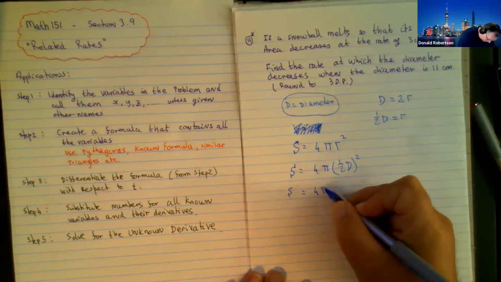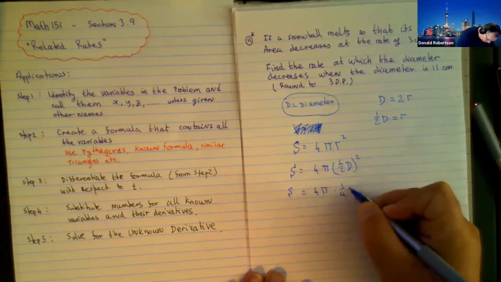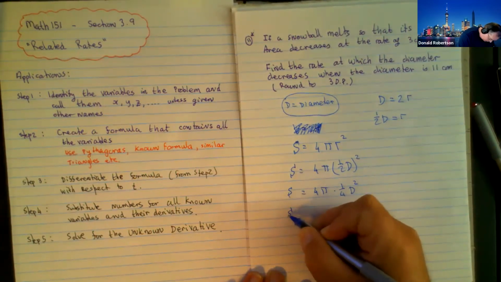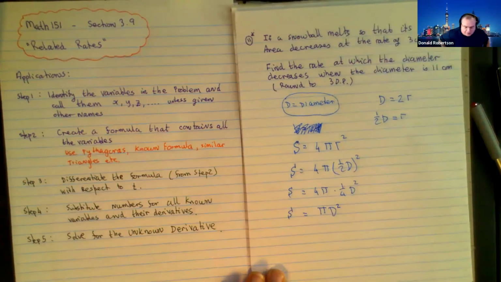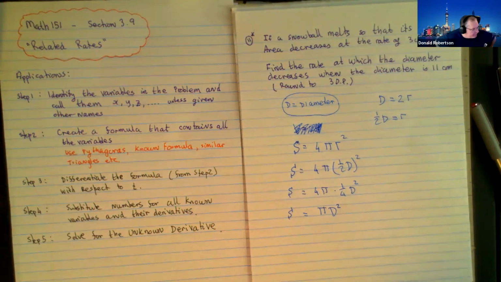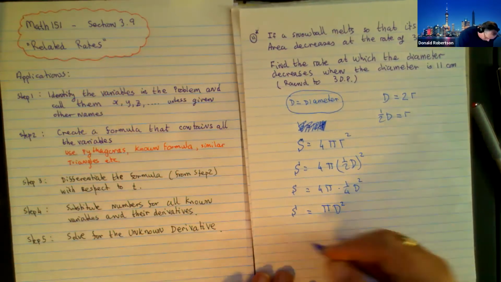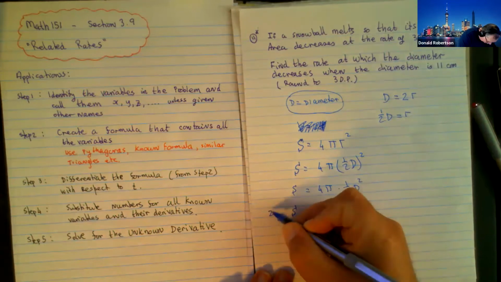So it's 4 pi times 1/4 d squared. And then we end up with the connecting formula. So in this case, aren't there really two variables, surface area and diameter, right? So that's probably going to be a little bit nicer. So I've got my connecting formula.